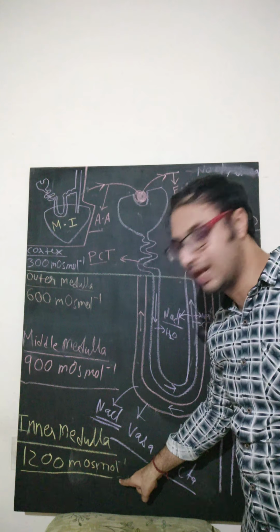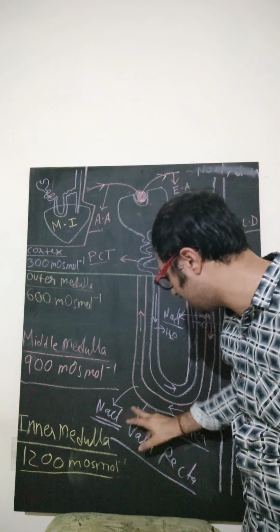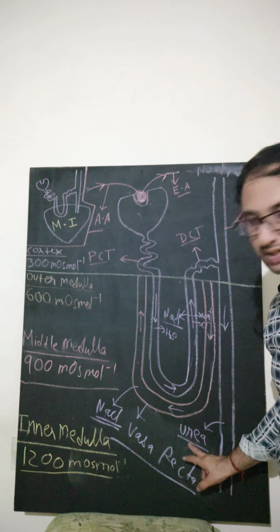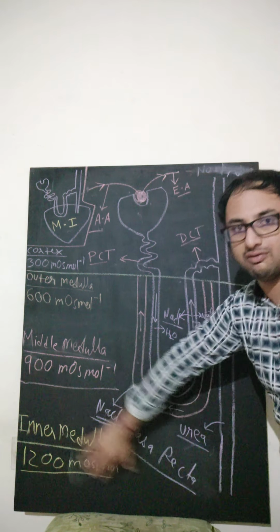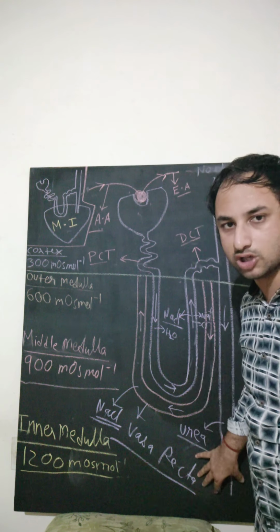That means 1200 milliosmol. Then why is it more here? Because here more NaCl is present, and more urea is also present. So NaCl and urea are very, very high in this region. Clear?